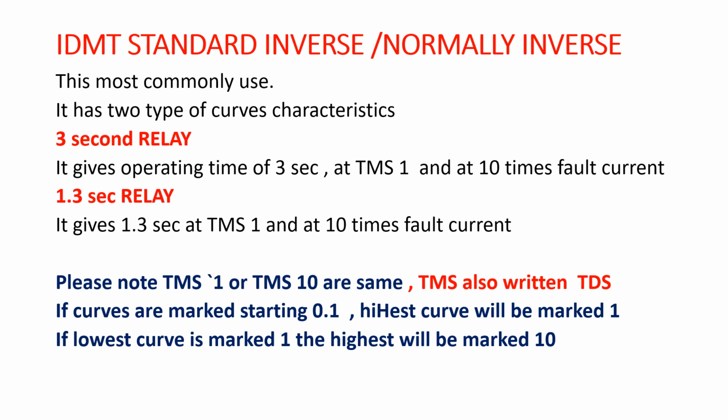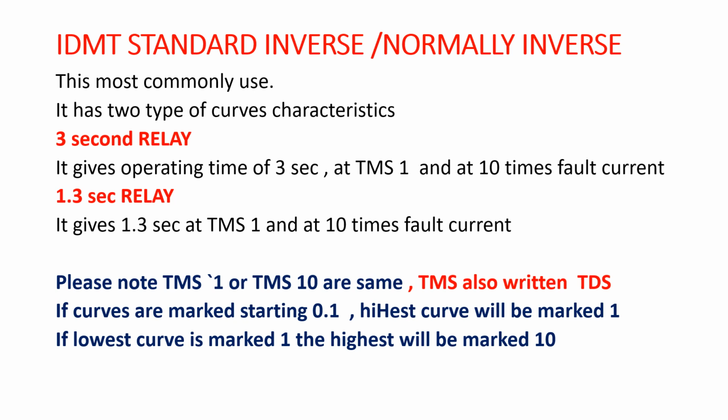You will find two selections also in the numerical relays, but before the numerical relays there used to be two types separately. On one of the types, when the fault current is 10 times the rated current, full load rated current, and the TMS is set at 1, then the operating time becomes 3 seconds.